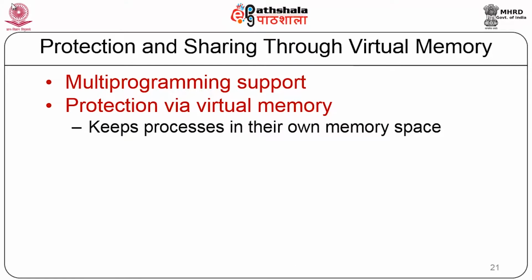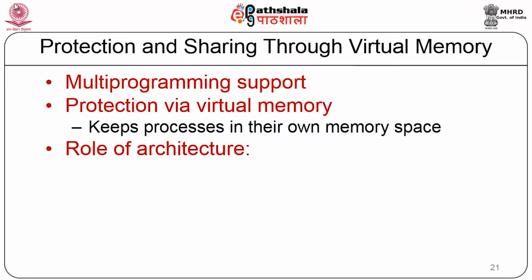So, now we know that virtual memory basically supports the concept of multiprogramming. So, you can have multiple processes running at the same time. It gives support for multiprogramming. So, whenever you have the concept of multiprogramming getting supported, that is the programs of multiple users, multiple processes existing in memory at the same time, you also always have the question of protection.